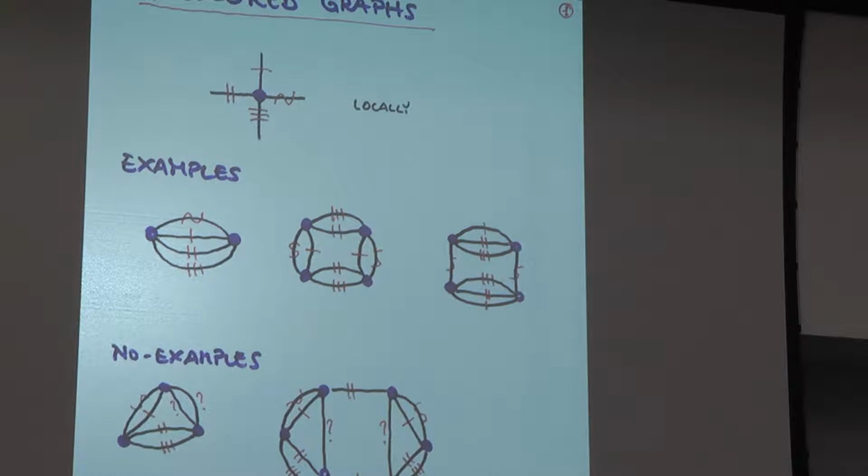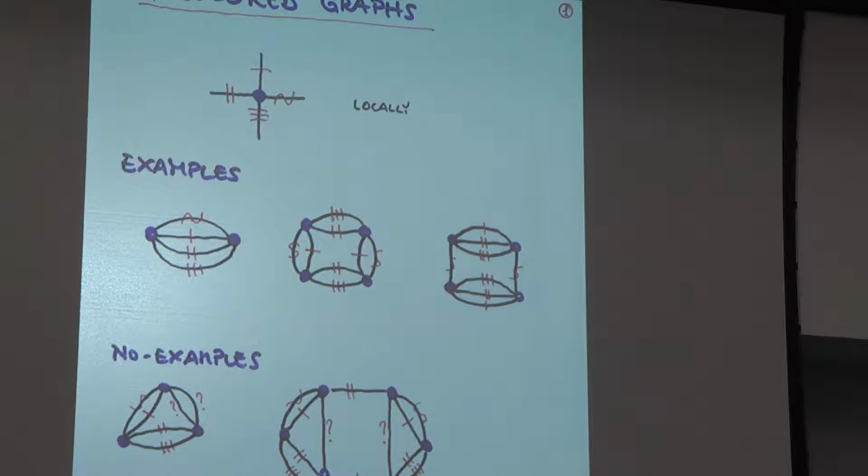The simplest examples of four-colored graphs are here. With two vertices, there is only one. With 4 vertices, there are these 2, and then another one. These 2 are bipartite, so you can divide the vertices in 2 classes, and each vertex of one class is connected to vertices of the other class.